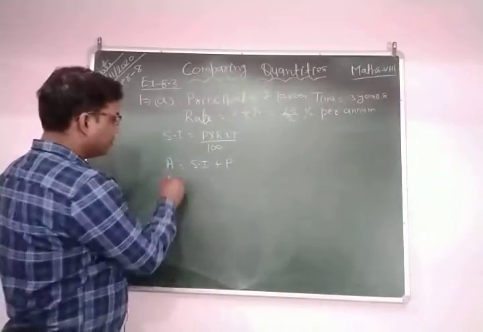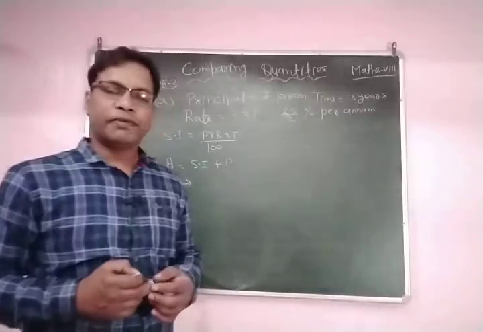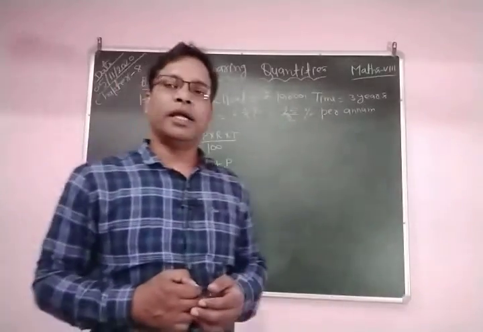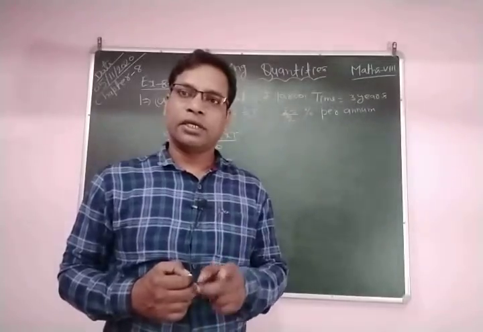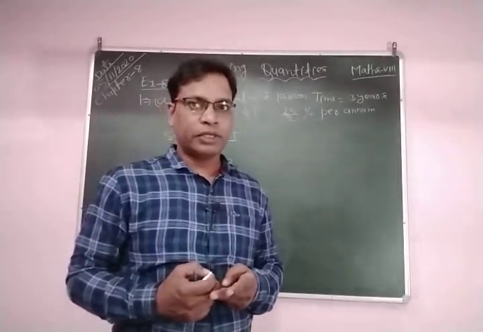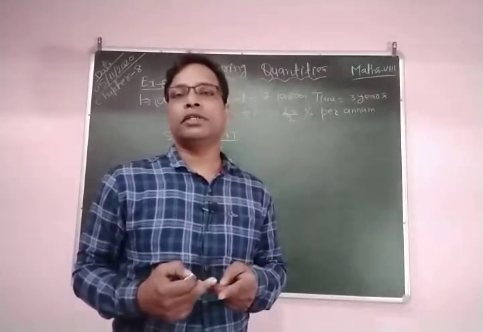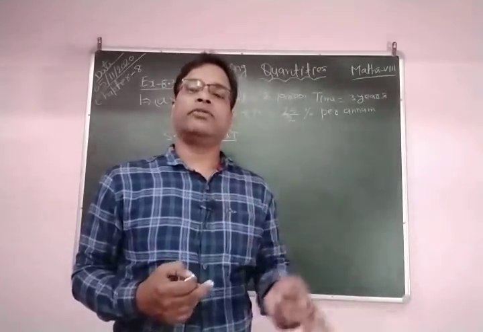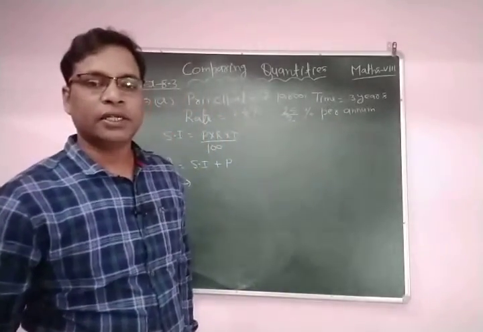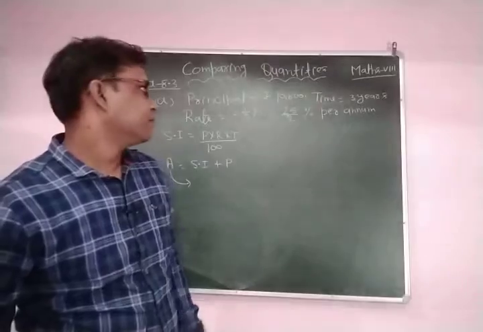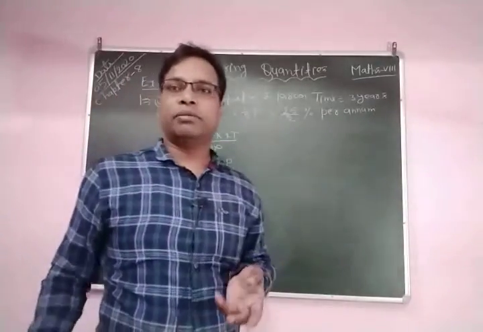So this amount becomes the principal in the next year. Okay, so we find the compound interest and the amount. The time is given as 3 years, so we take 1 year, find simple interest, again 1 year, find simple interest, and again 1 year, find simple interest. So let's see how to find the amount and the compound interest by using the simple interest formula.